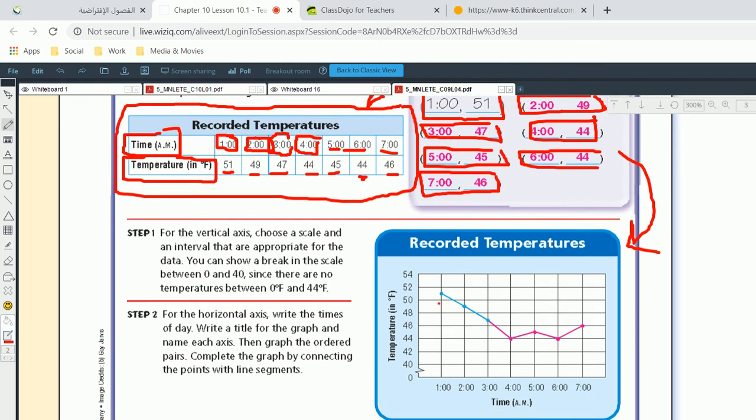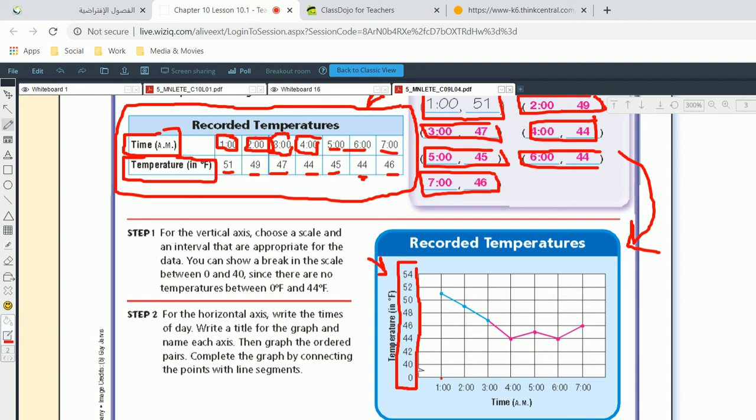So firstly, the scale here is the difference between each two numbers. So it's 40, 42, 44. So each time we are going to add 2. So the scale here is adding 2.